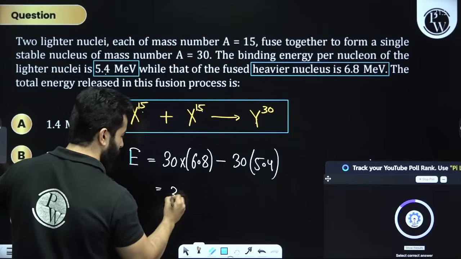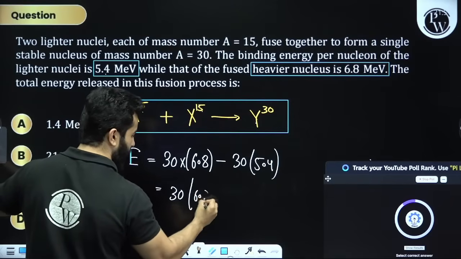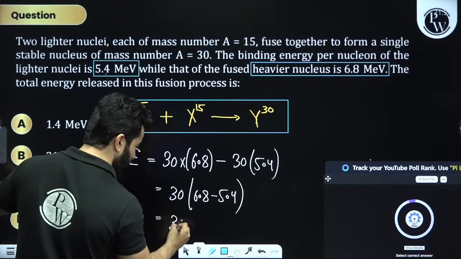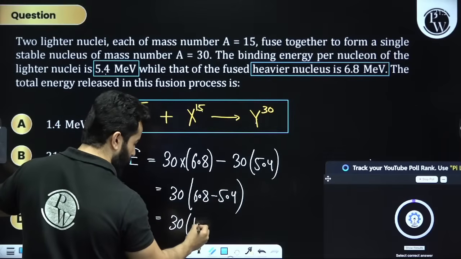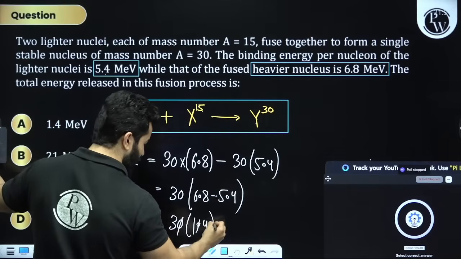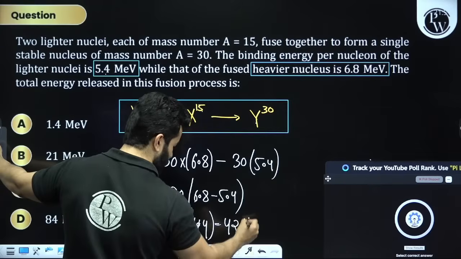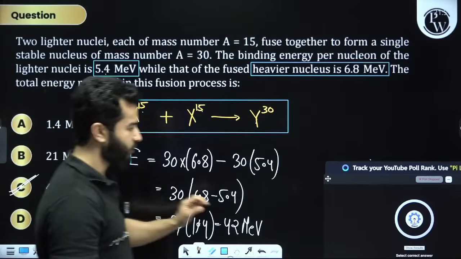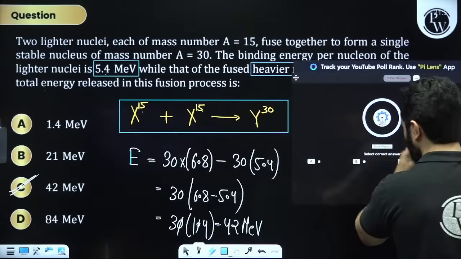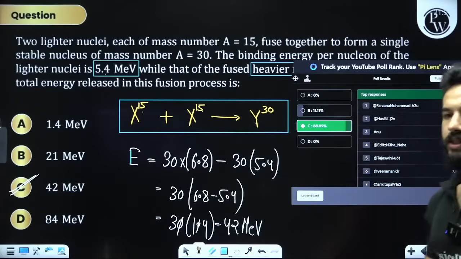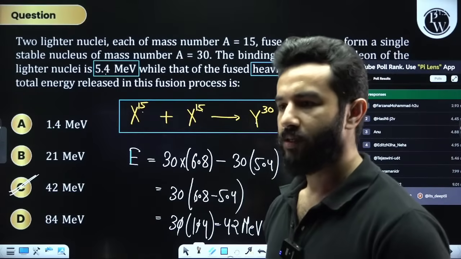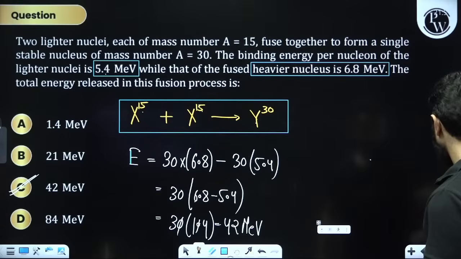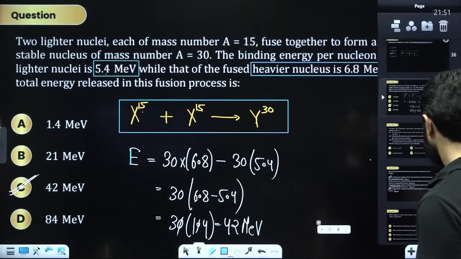This means 30 multiplied by (6.8 minus 5.4), which comes out as 30 multiplied by 1.4. This comes out as 42 MeV. 42 MeV is the correct answer. C is the correct answer. Clear? Any more doubt? Quickly let me know in the chat box, doston. Be quick.